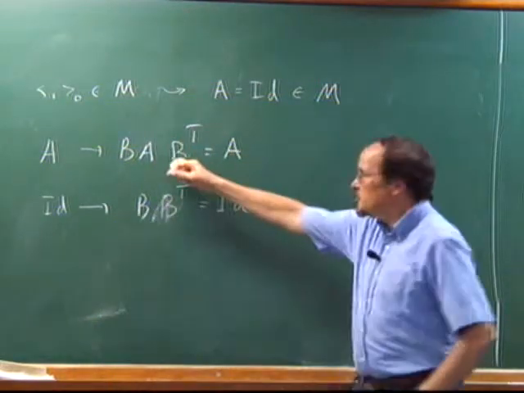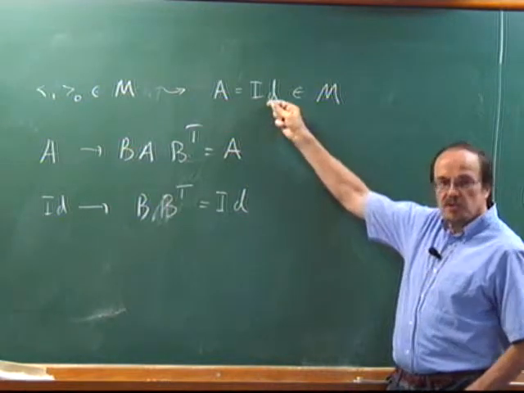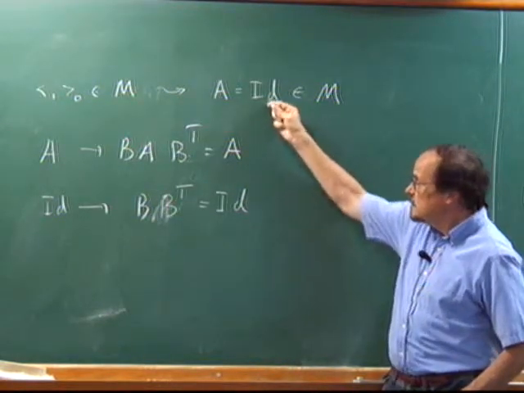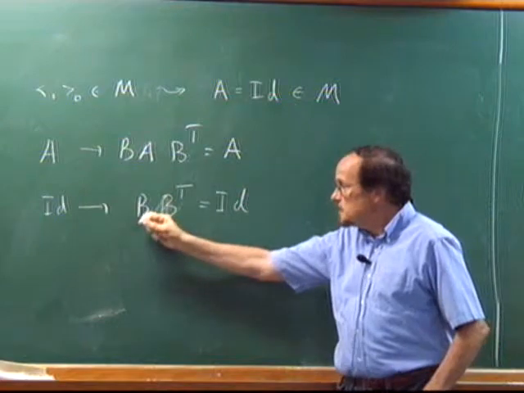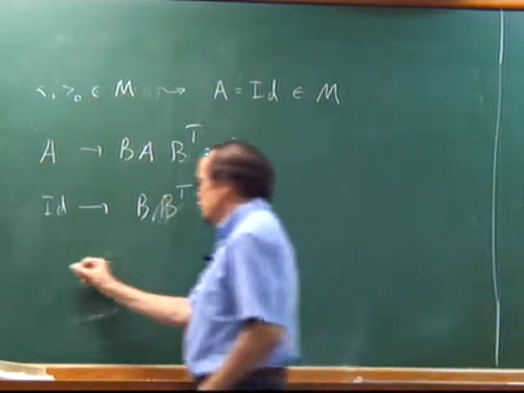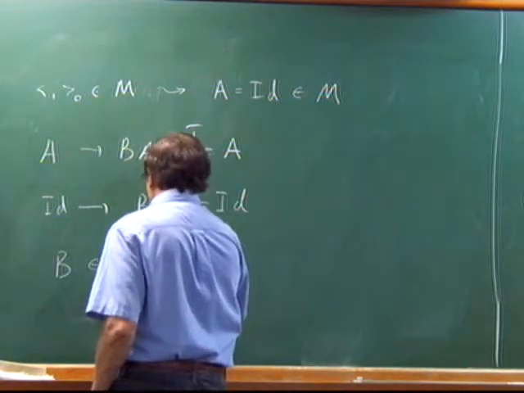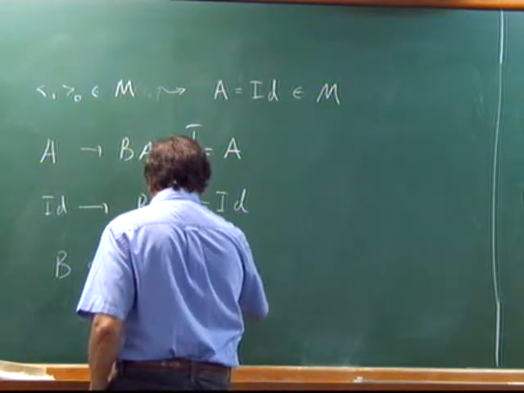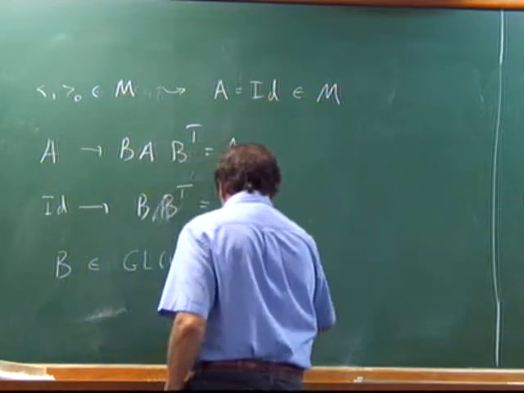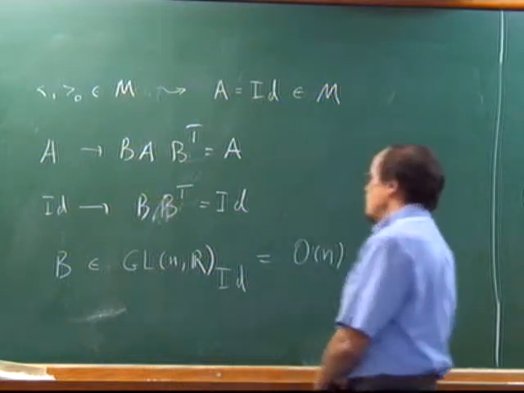But this is how it acts on a general matrix A. I want it to be a stabilizer, but a stabilizer is a special point, which was my inner product, the identity. So those are the matrices B where B times B transpose is the identity. So B lies in the isotropy of GL_n(R) at the identity, which is equal to O_n, if it's orthogonal.